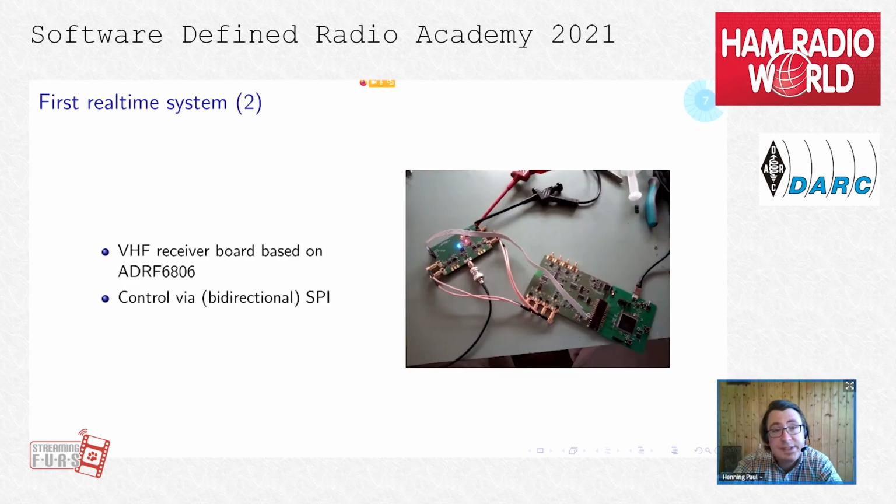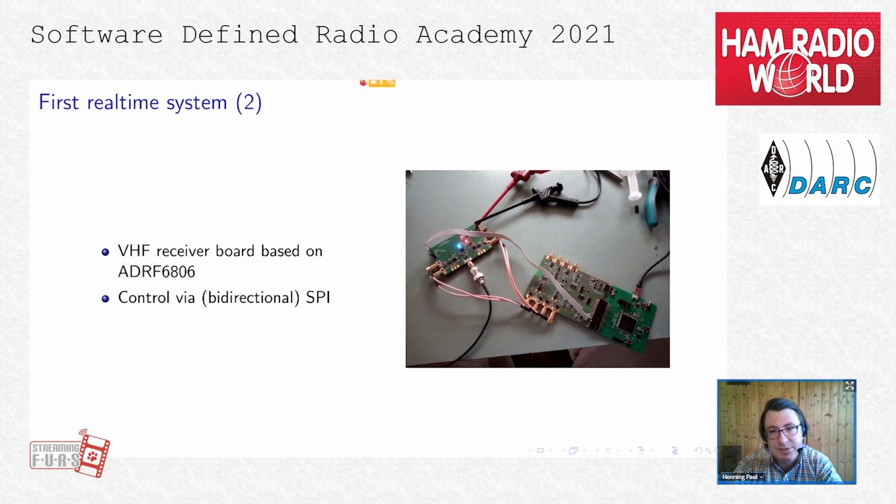Here on this board, you see my SDR hooked up to a receiver board. This is now a VHF receiver. It's the ADRF6806. It's unfortunately an obsolete part by now, which means you won't be able to recreate this project on your own because you won't be able to buy the chip anymore.